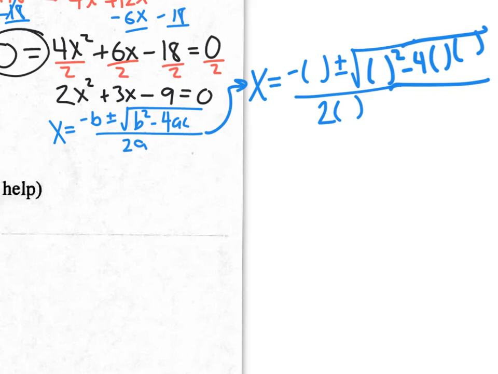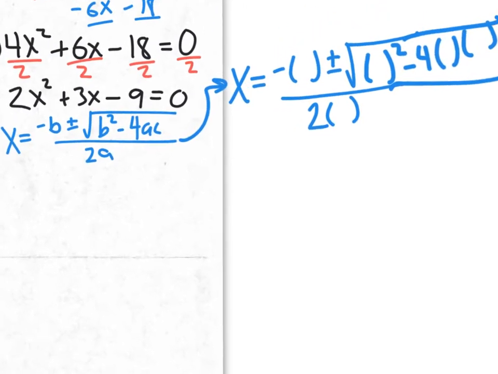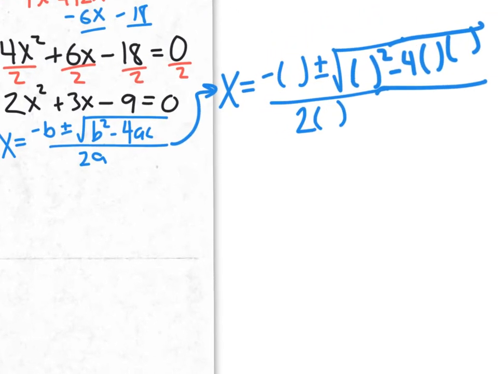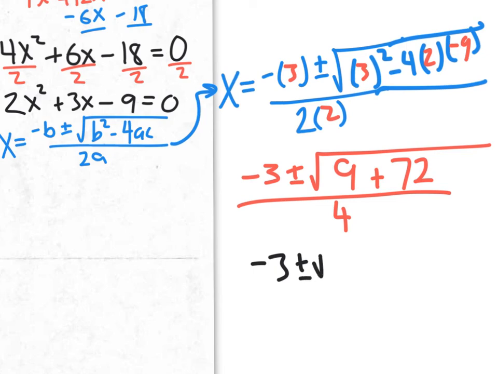Anyway, we're going to plug in 2 for a, 3 for b, and negative 9 for c. And if we start working on the quadratic formula, you'll have negative 3 plus or minus the square root of 9 plus... And if we continue working, we'll end up with negative 3 plus or minus the square root of 81 over 4.